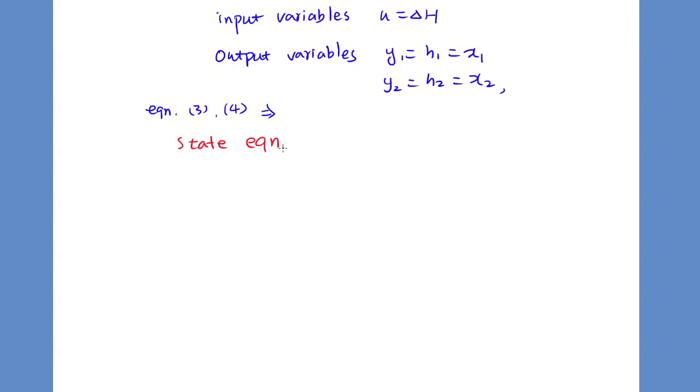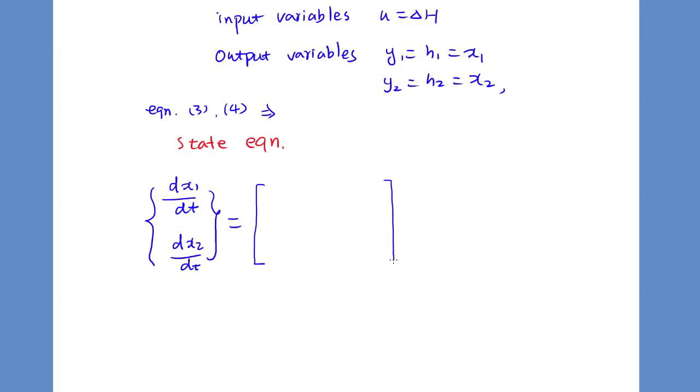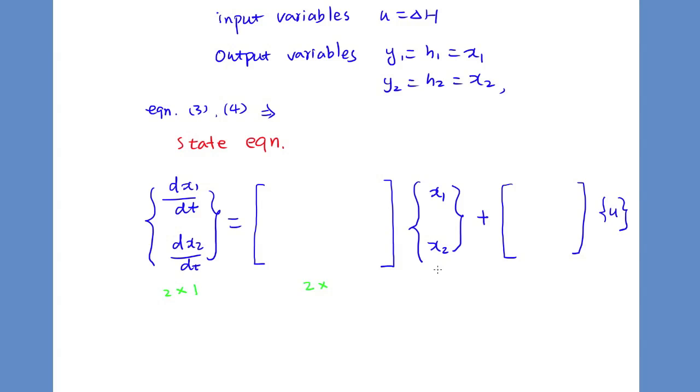State equation, first derivative of the state variables is equal to matrix A times state variables x1, x2 plus matrix B times input u. Make sure the matrix sizes match so that we'll be able to do this operation.